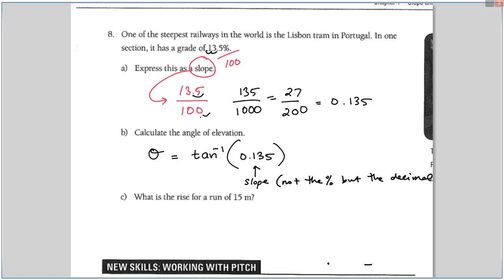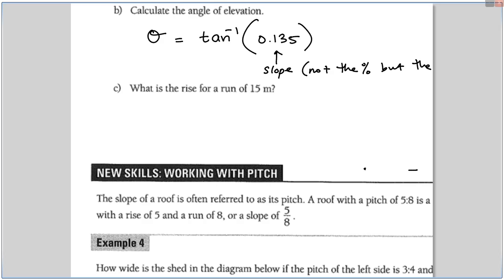Okay, so moving on. What is the rise for a run of 15? What is standing out at you right now? What strategy? When you're trying to search for one of the components of the rise over run. Think back to the quiz.